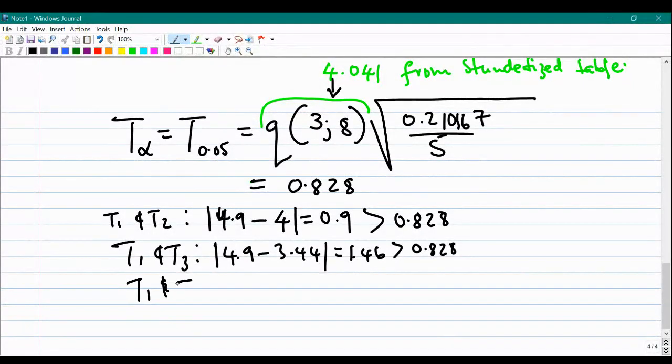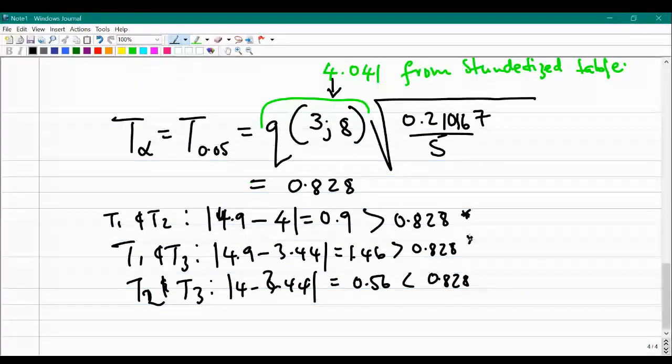T2 and T3, 4 minus 3.44. I'm waiting for you guys. Mathematics, remember. 0.56. This is less than 0.828. You know how to conclude, isn't it?